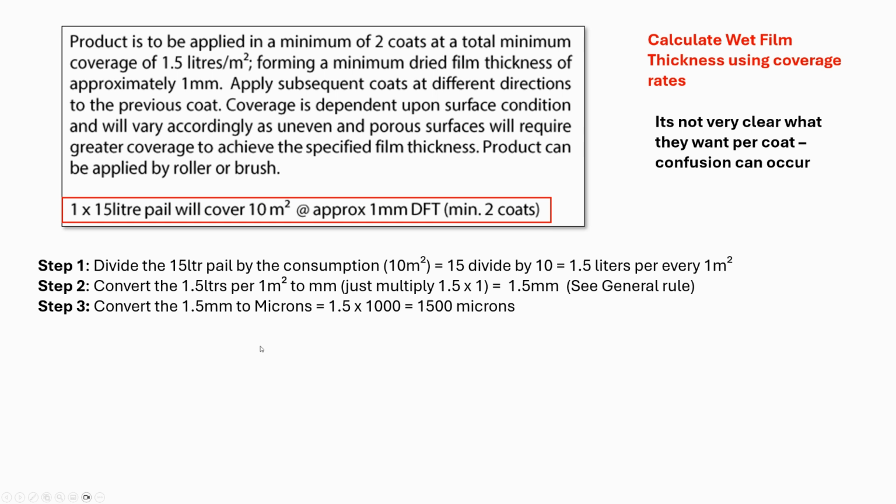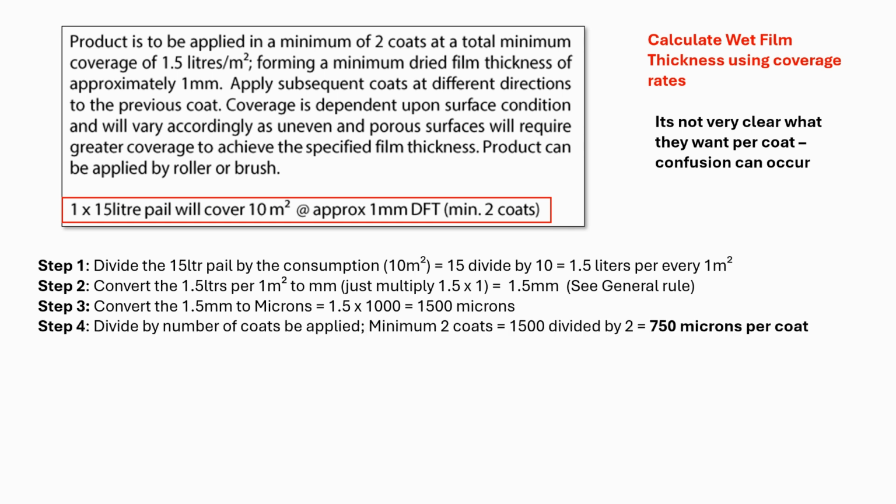Step 3, convert that 1.5 millimetres to microns, because we work in microns when we're waterproofing. 1.5 times 1,000, because there's 1,000 microns in a millimetre. 1.5 by 1,000 gives us 1,500 microns. So all of a sudden we know in microns what our wet film thickness is. And from there, we just divide that by the number of coats.